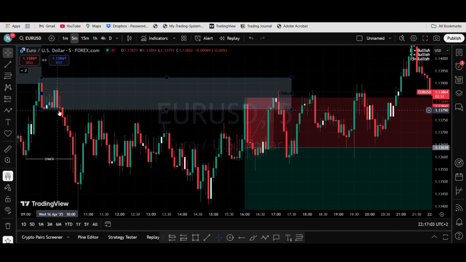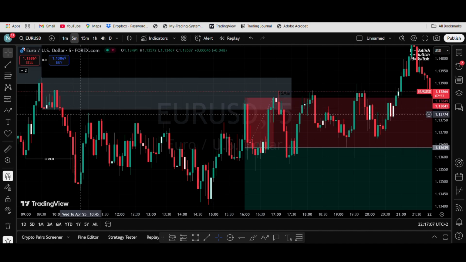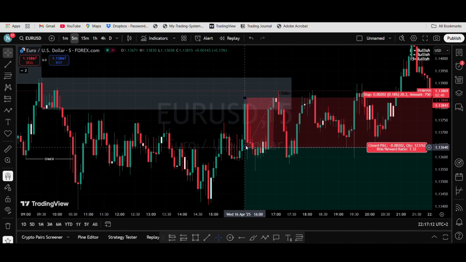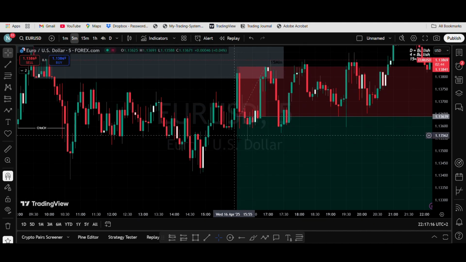I've seen it where you have this entry model, it sweeps this liquidity here, that's your entry model, you want to enter right there. Then it goes ahead and sweeps this.